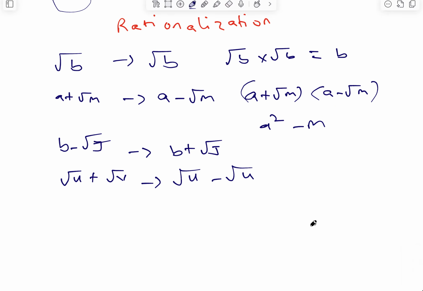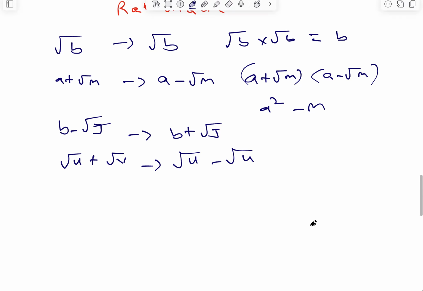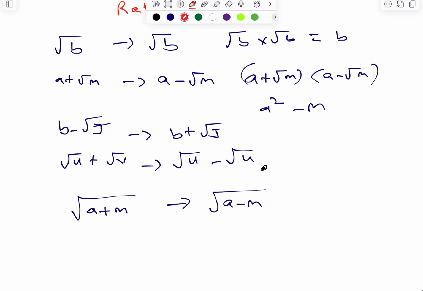Now, but it's a very, very important thing I want to call your attention to. If I ask you to find something and you are to rationalize a denominator which has this expression, square root of a plus m, you might be tempted to say that the conjugate of this is square root of a minus m. Then, if you do that, you will actually be very wrong because this is a single root. It is not the same thing as one of these.